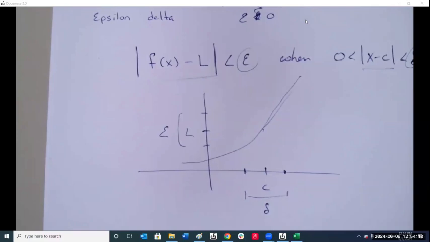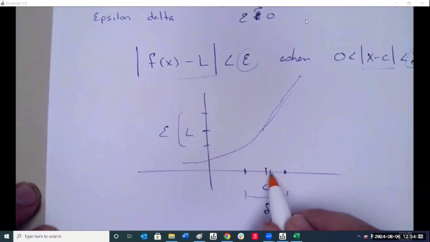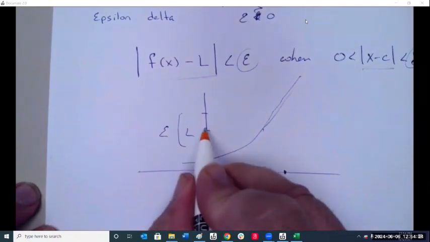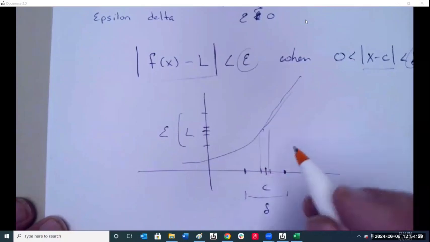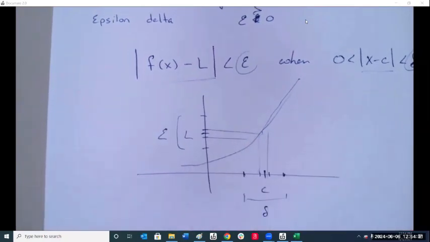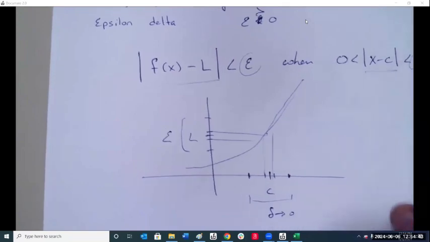The smaller these values become, the closer they get to c, which means the closer they get to L. So that's what we're going to try to do. We're trying to get these values to be very, very small, so we can get infinitely close to the c value.